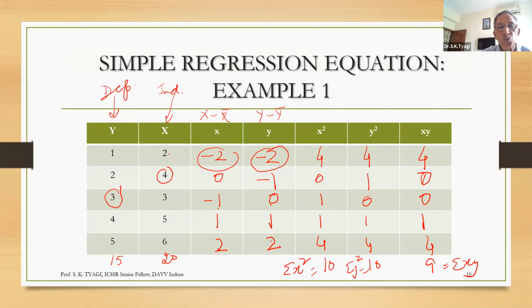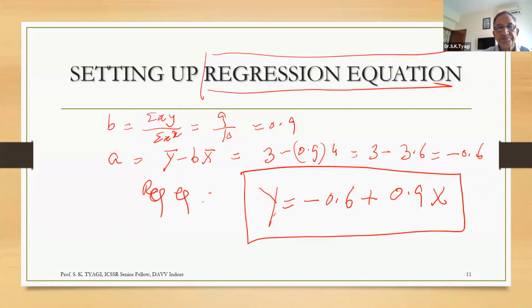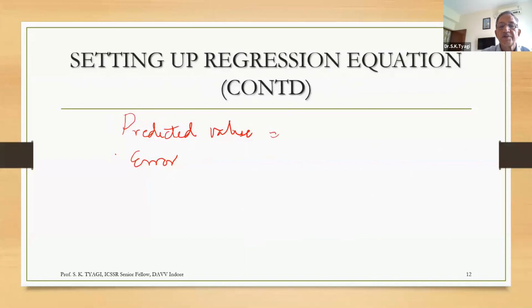Value of x is 2 and value of y is 1. When x is 2, the actual value of y is 1. But what is the predicted value of y for x equal to 2?